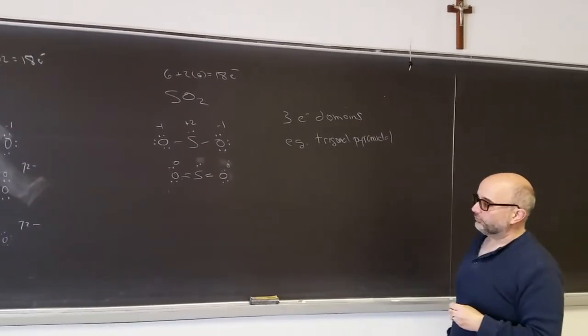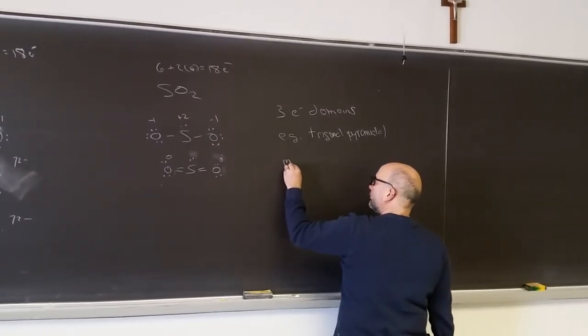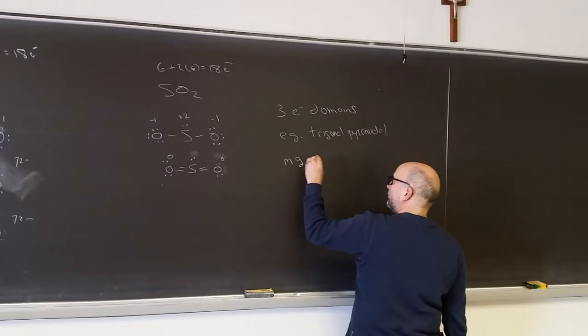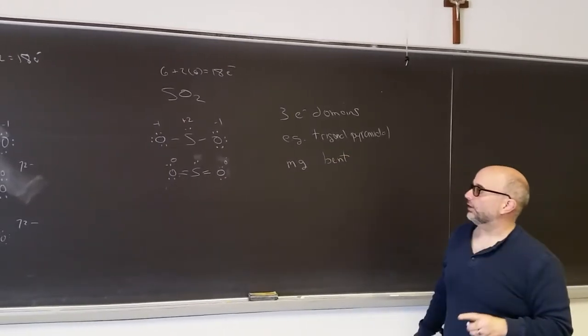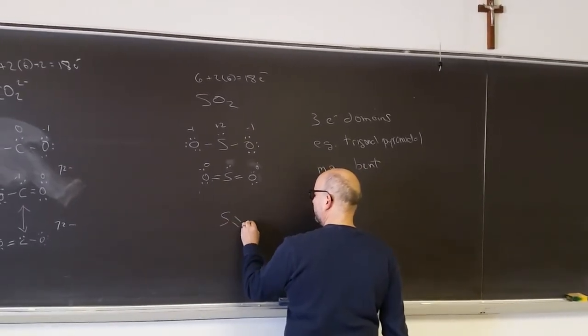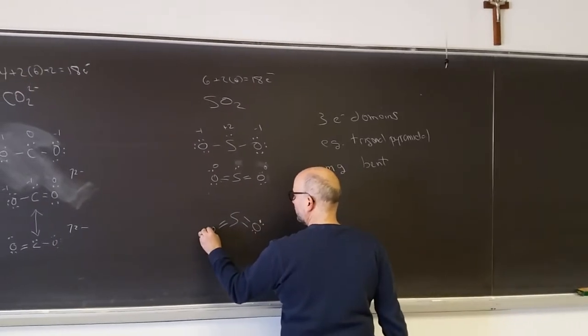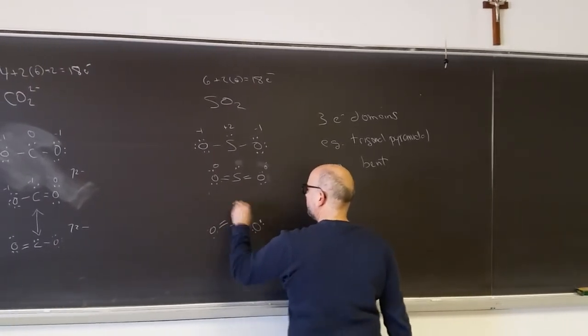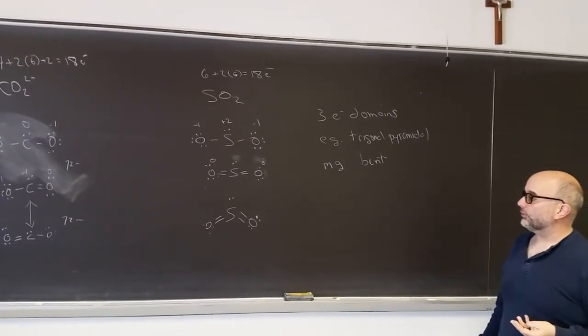In both cases, one of the 3 domains is an unshared pair, which means the molecular geometry is going to be different, and it is the shape we simply call bent. So sulfur dioxide, for example, actually looks more like this. And the carbonite is also bent as well.